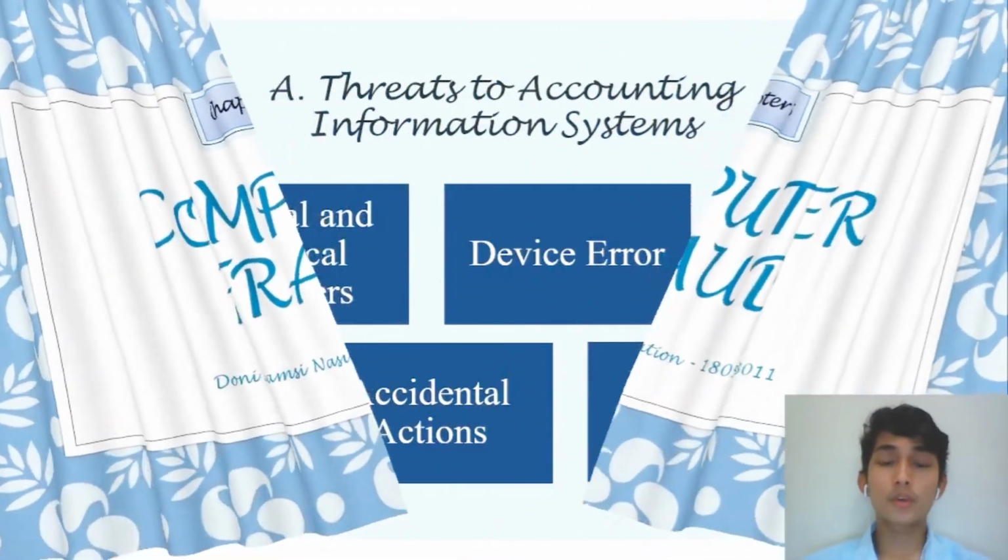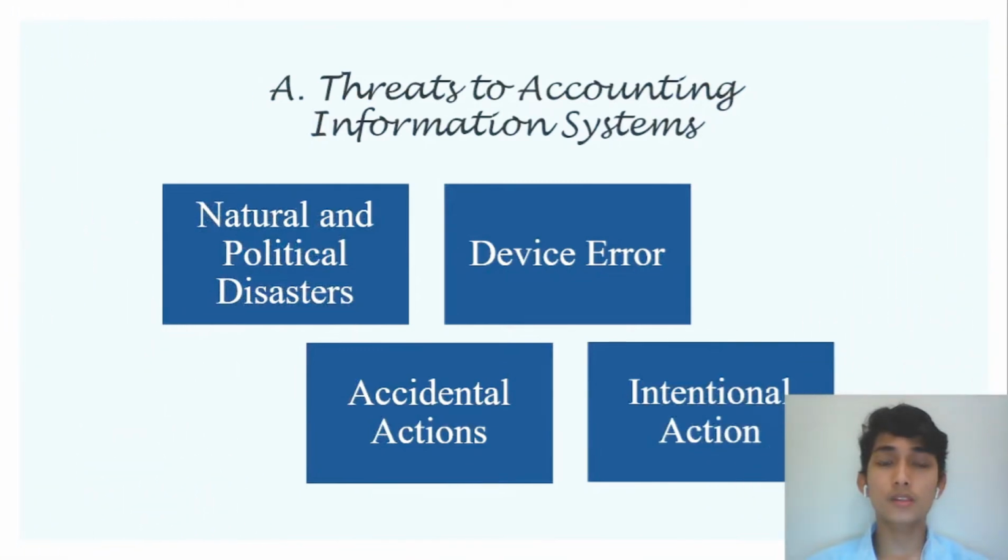Before we know the meaning of computer fraud, we have to know what risks can attack an accounting information system. Number one is natural and political disaster, like fire, flood, war, and terrorist attack, which can destroy the information system and cause company loss. Number two is device error, like software error, system crash, hardware failures, power outage and fluctuation, and data transmission errors that are not detected.